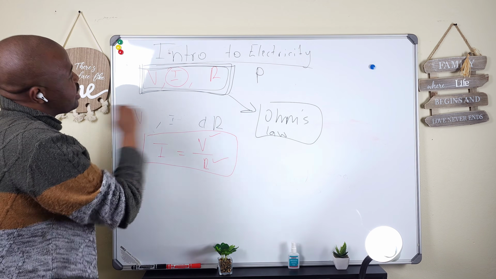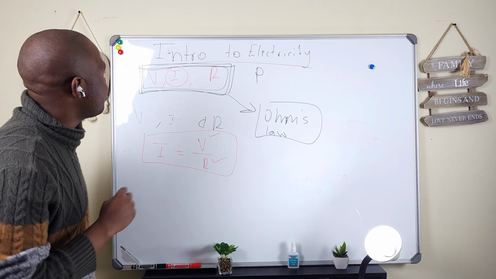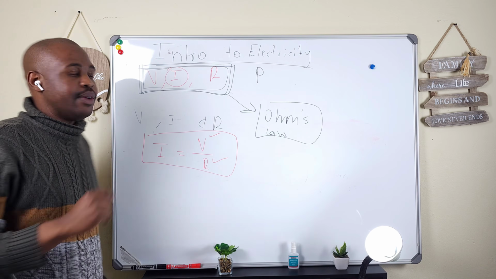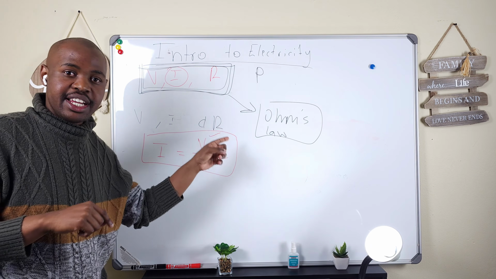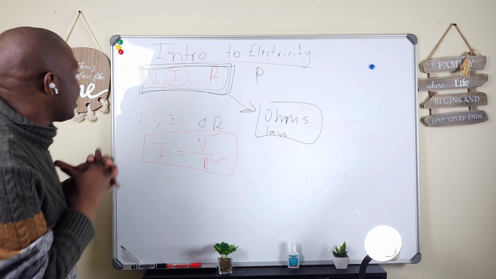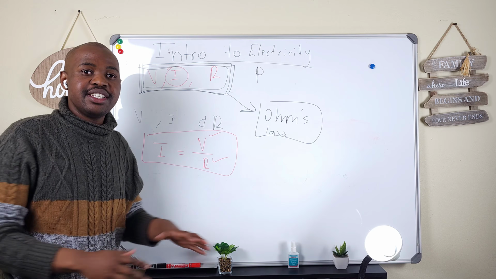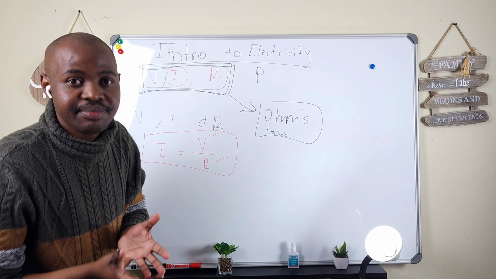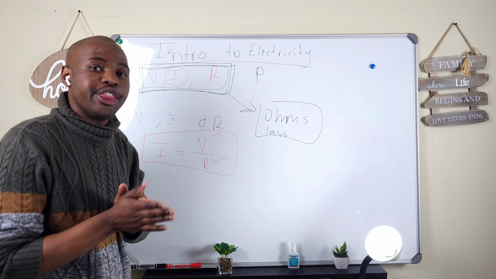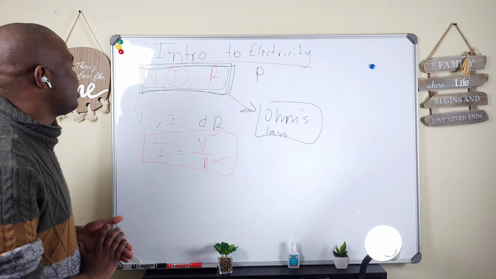And just lastly, before we conclude, the important question that we were answering in this episode was, what is electricity? Electricity is the movement of free electrons through a material in a specific direction.